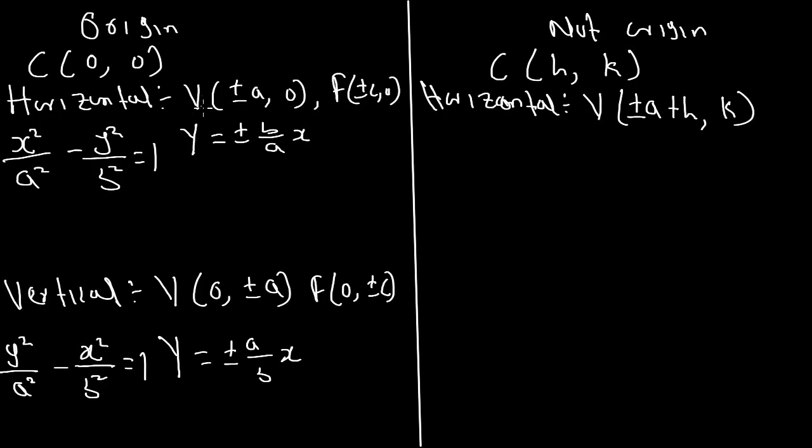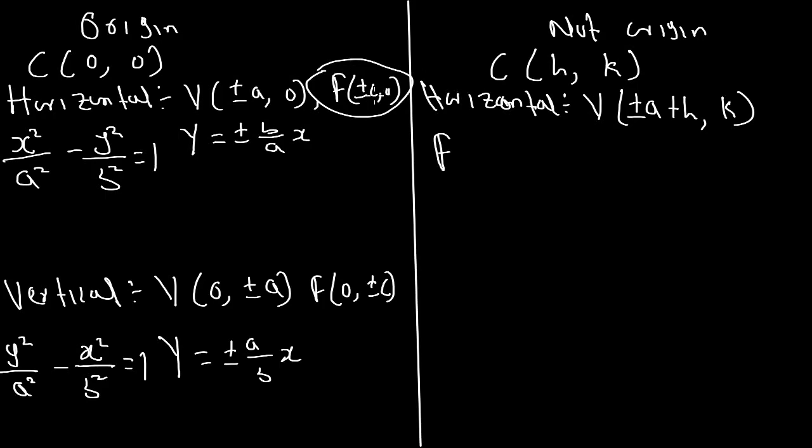For the foci, since it is horizontal and it is not at the origin, you need to add the center h, k to the coordinate of the foci. This is the coordinate of the foci for a hyperbola that is centered at the origin.